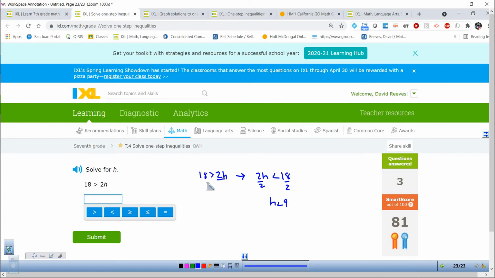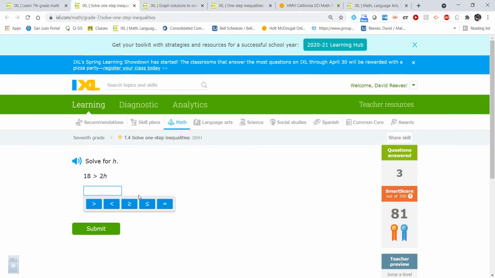If you had not done that, you could still divide both sides by 2, and you would get 9 is greater than h. Both of these are correct, but when you go to make the graph, this one's a little easier to graph. So we're looking for h is less than 9.